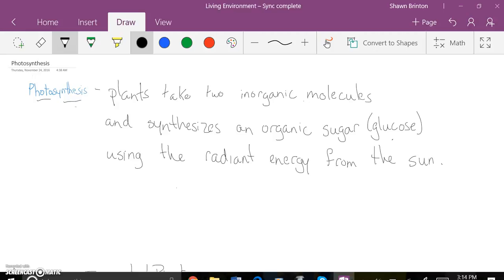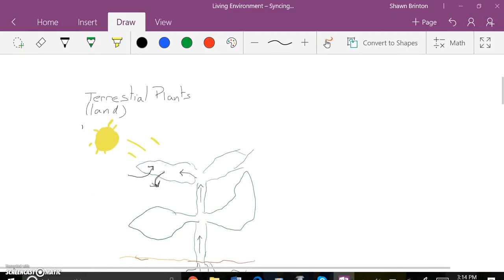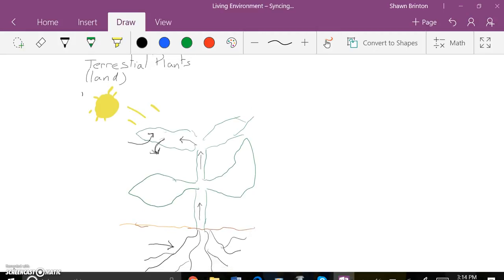Basically what we want to make sure we understand is that these organic molecules, we have our plant here down below. Here's our terrestrial plant, and of course we have our radiant energy from the sun, and we have a gas we need, which we know is carbon dioxide. That's one of our inorganic substances.